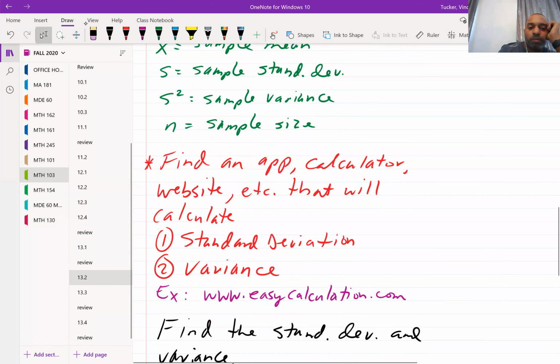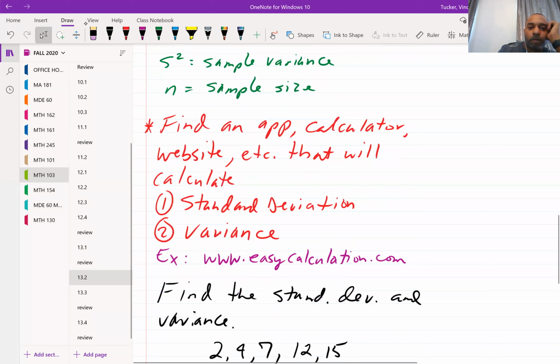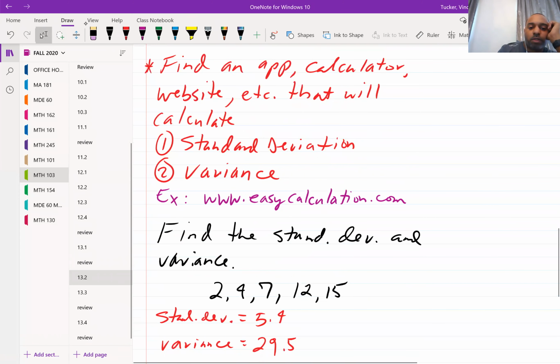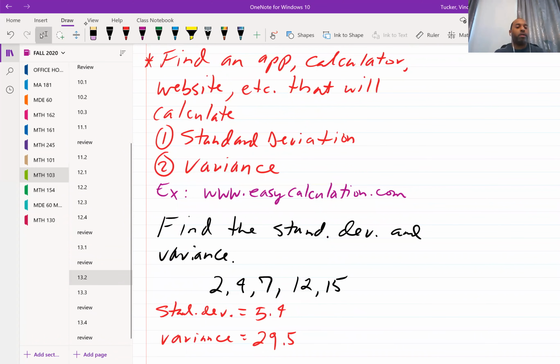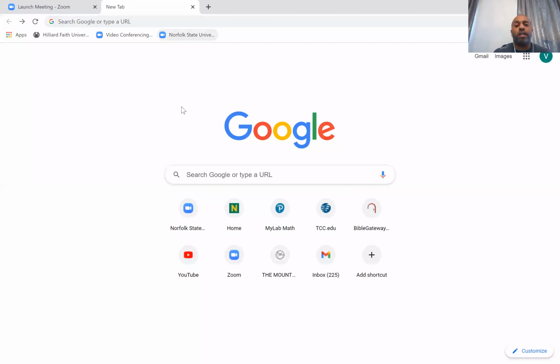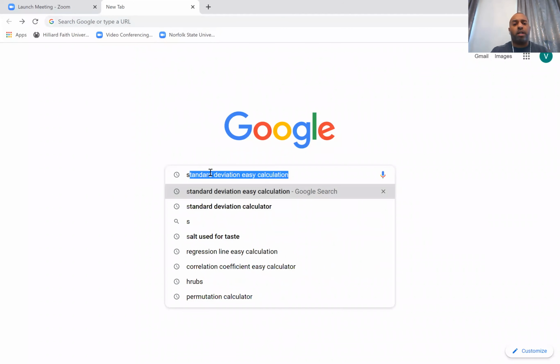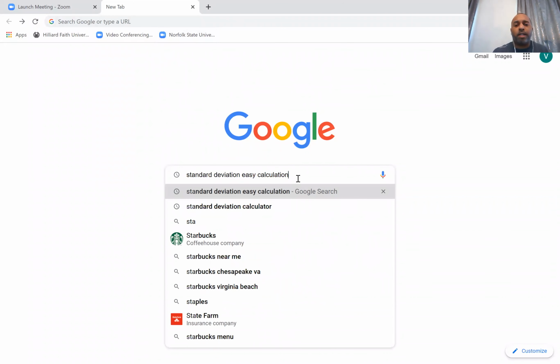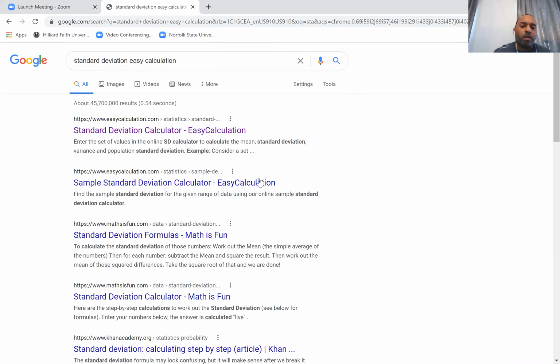All right. Let me show you. We'll go back to the notes in a second. All I would do is Google standard deviation, easy calculation. The first one that pops up is easycalculation.com, but you have other ones down here as well.